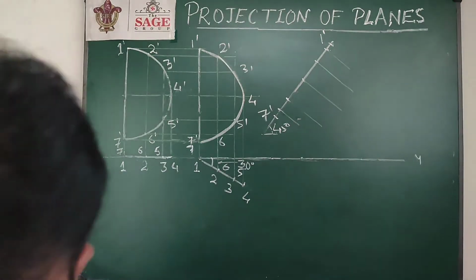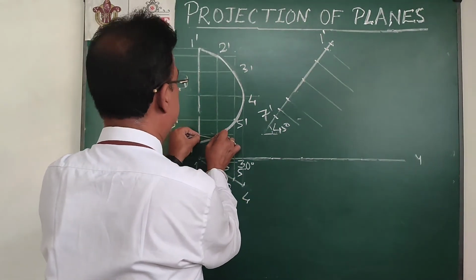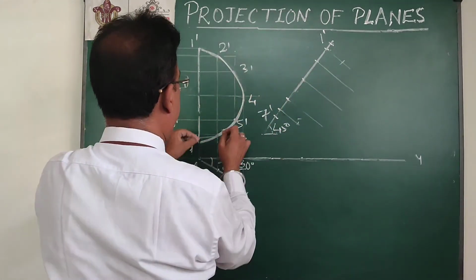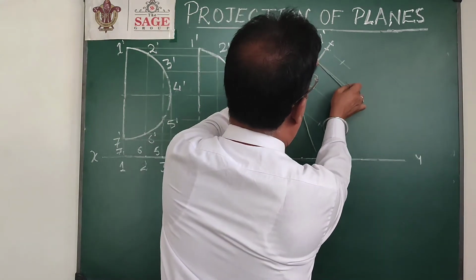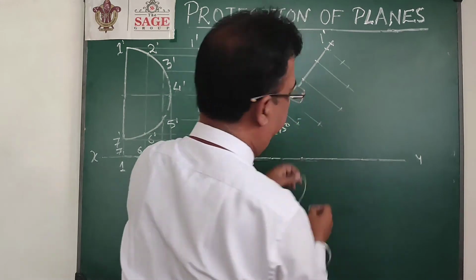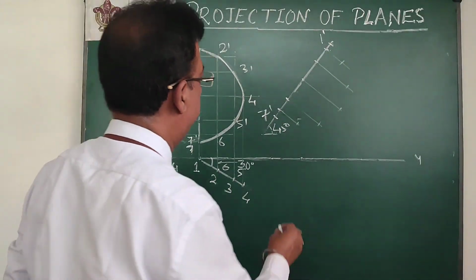Now copy all these points. The distance of 2 and 6 will be same, so these 2 points. Then the distance of 5 and 3 will be same, so these are 3 and 5, and finally the point that will be 4. Now join these points.